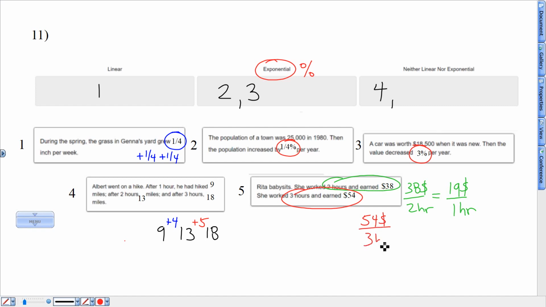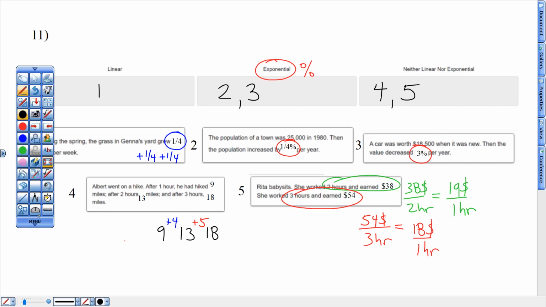But if I divide 54 by 3, that gives me $18 for every 1 hour. Since those are not the same, I put number 5 in the neither category because those are neither linear or exponential. All right, moving on.